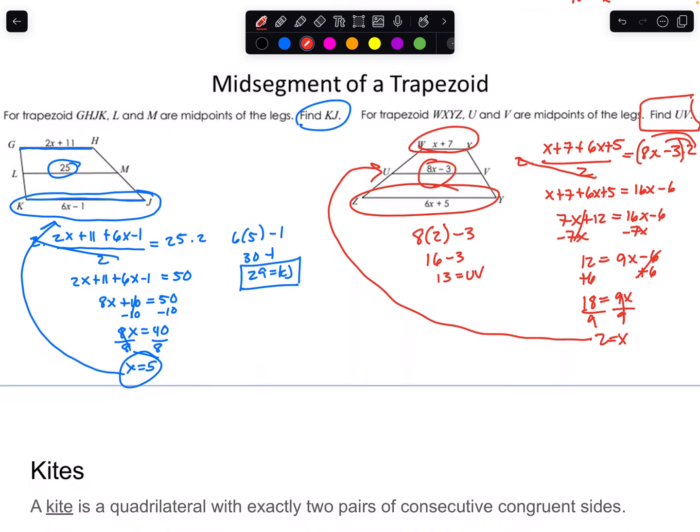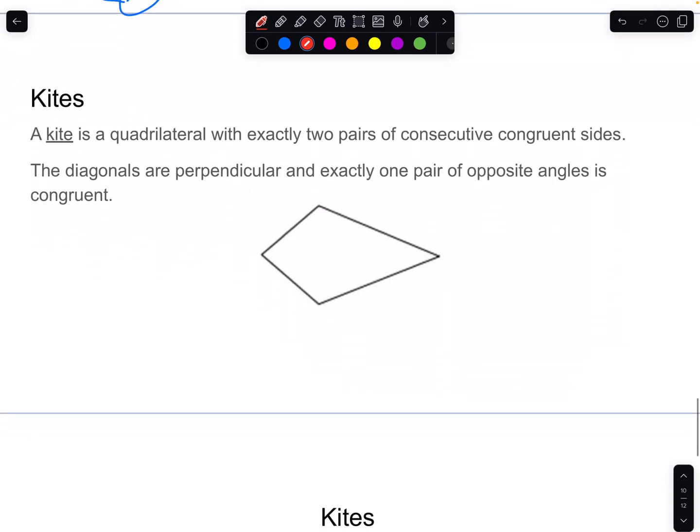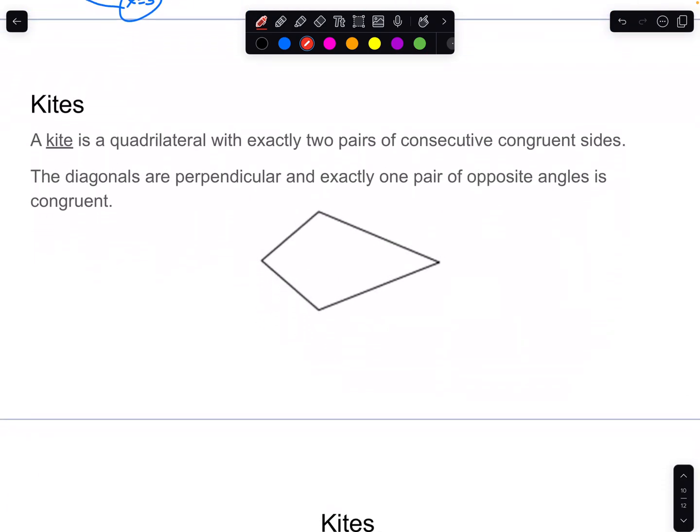Let's move over to kites. So this is our last quadrilateral we're going to talk about in this unit of quadrilaterals. A kite, as you can see, has no parallel lines. So there's no sets of parallel lines. It still creates 360 degrees total interior angle sum.